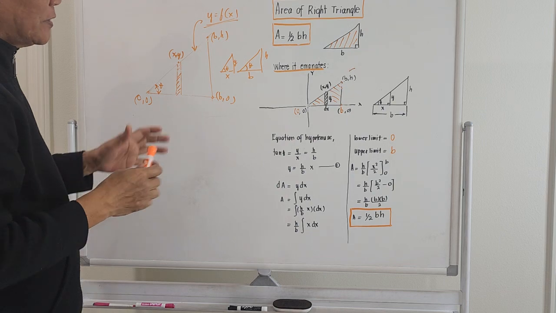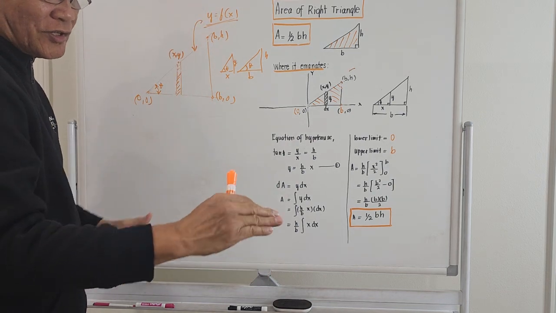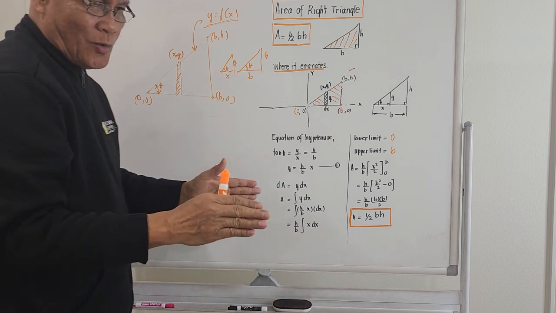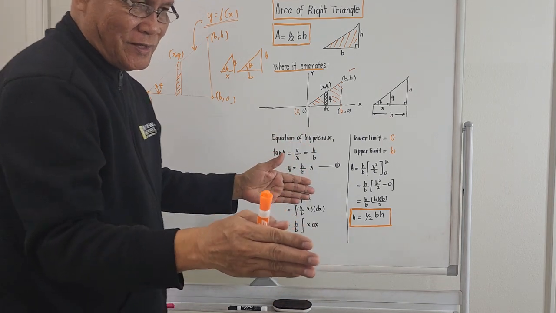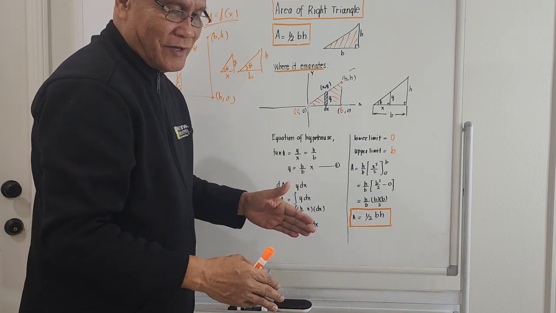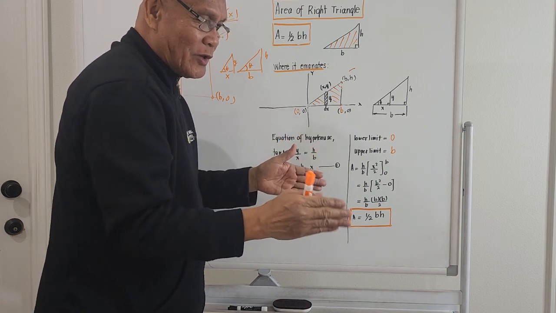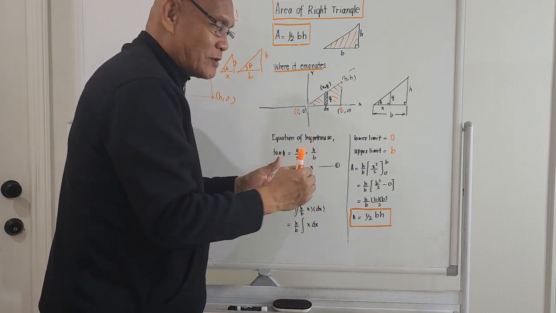So to find the equation of the hypotenuse, we use the tangent law. Actually, what I am teaching right now is a combination of many subjects. We are on trigonometry at this point, but we are also on the analytic geometry side.